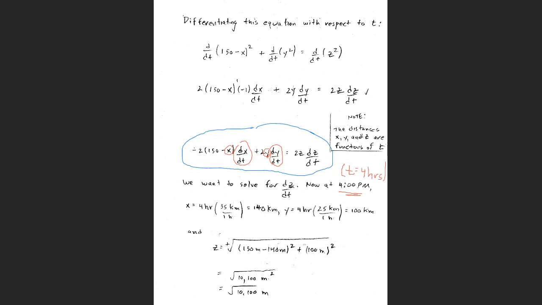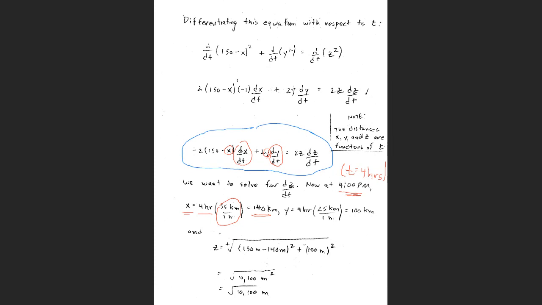So x, which is the distance that ship A has sailed going east: ship A travels at 35 kilometers per hour, and if it does that for 4 hours, it's gone 140 kilometers.